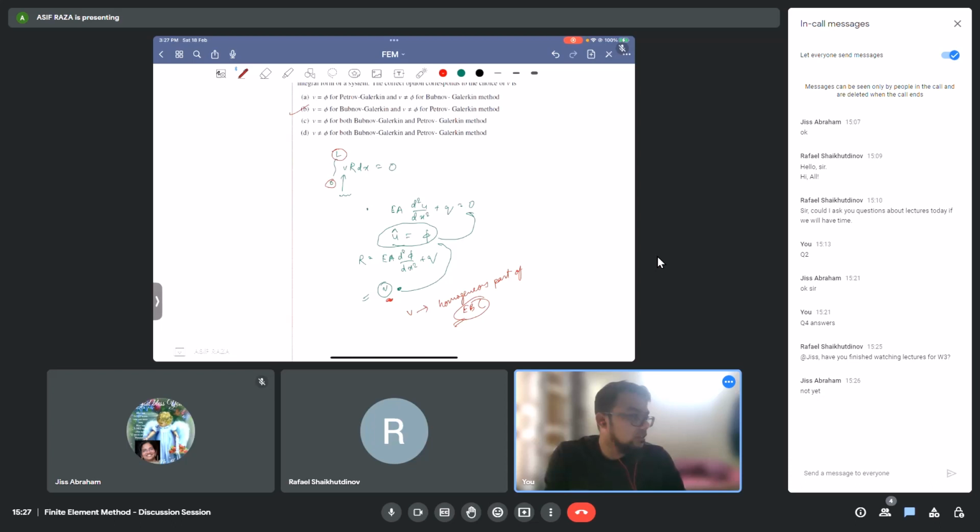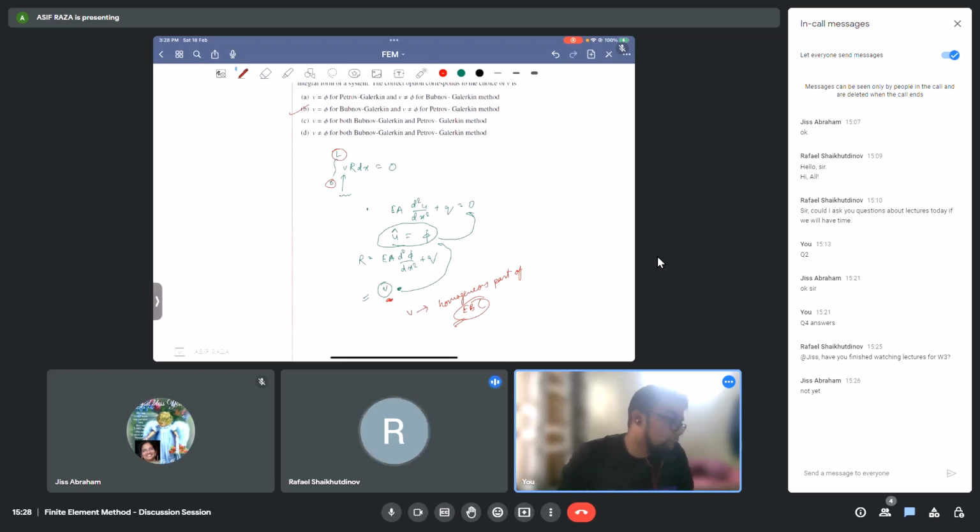Not all the boundary conditions, only the essential boundary conditions, which are called Dirichlet boundary conditions, if you know. So v is always like that. This is for the standard Galerkin method.